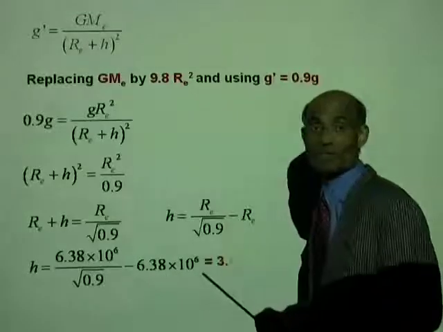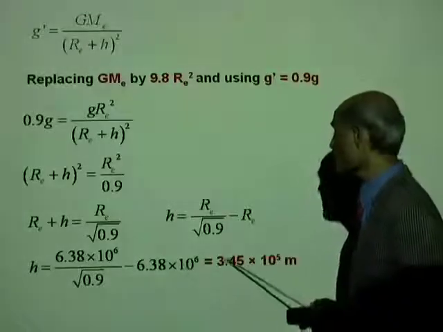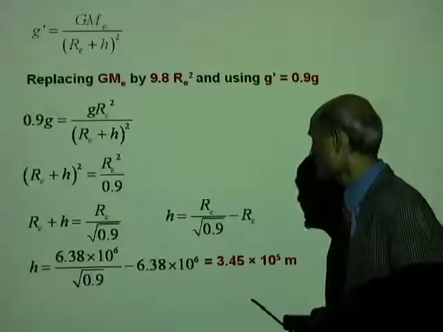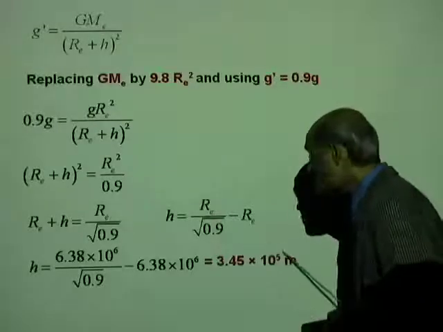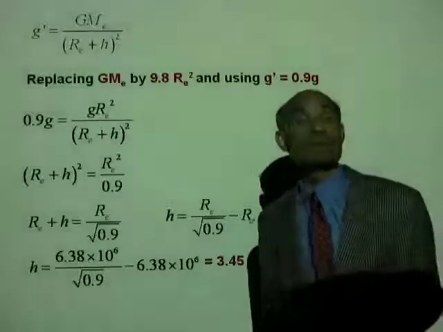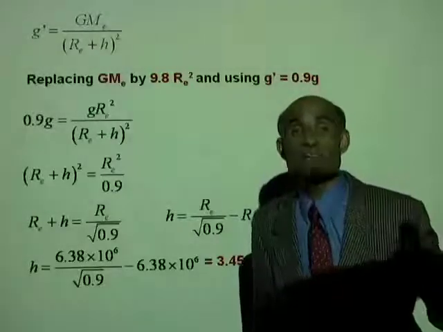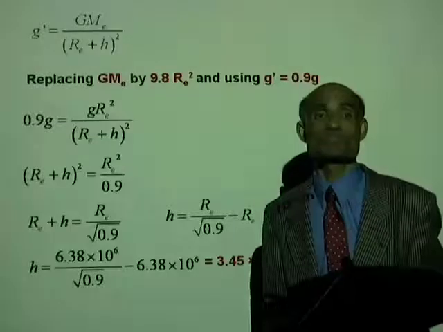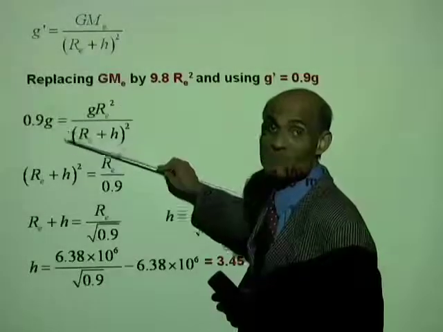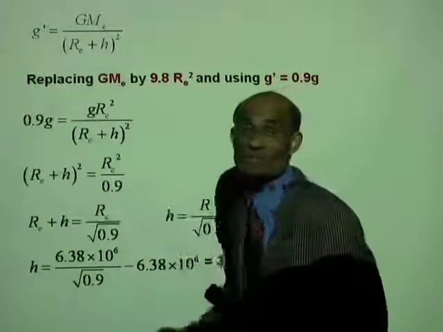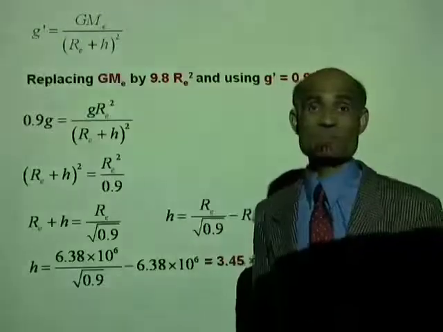Using that value, we get h equal to 3.45 times 10 to the 5 meter. So at this altitude, his weight will be 90% of the weight on the surface of the earth. Okay, I want you to look through these steps, the simplification I did, and make sure you understand those steps.